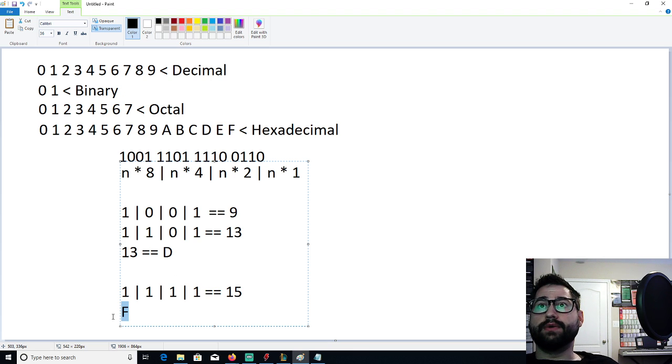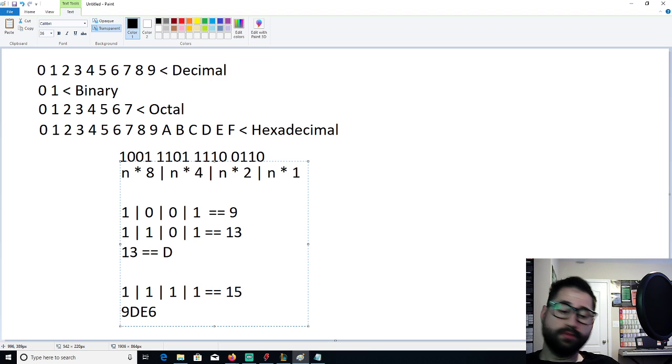So I can go through and do this entire number in my head and convert to hexadecimal, and it will equal the same underlying value in decimal. So 1001 is 9. 1101 is 13, so we need a D. We have 1110, which is 14, which would be E. And then we have the final one, which is a 4 and a 2, which is 6.